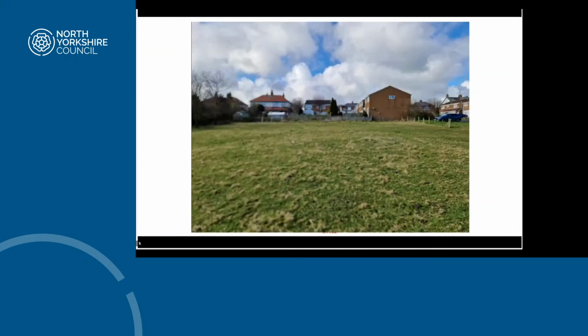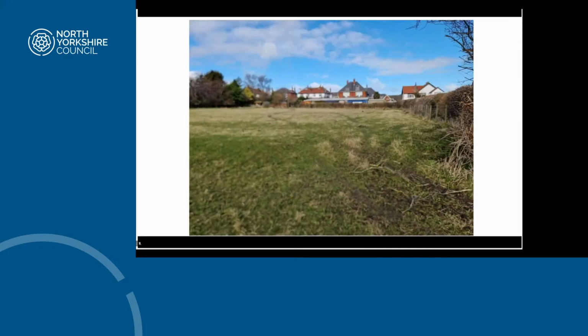Now follows a series of photographs just to give you an impression of the site. This is stood on the site looking west towards Resolution Way. And this is on the site looking north towards the rear of the houses on Mayfield Road.